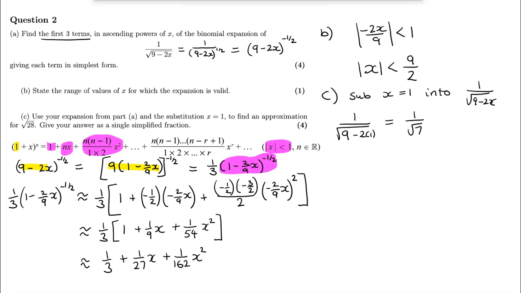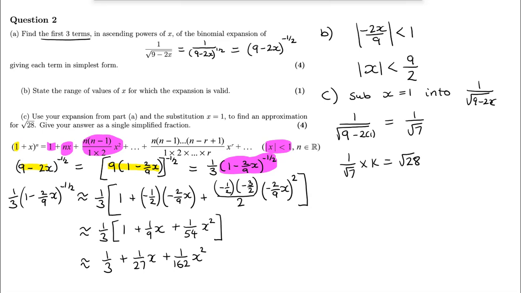So I now need to think, okay, well, what do I need to do to turn this into the square root of 28? Now what I'm going to do is I'm going to say, right, I've got 1 over root 7 here, and I need to times it by something, k, to get to root 28.